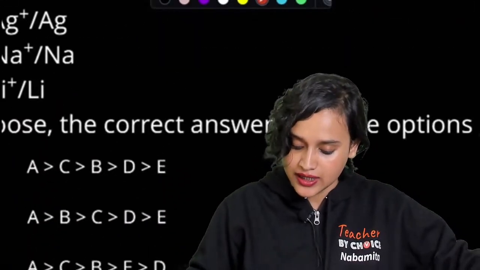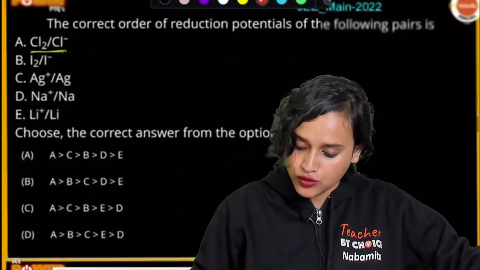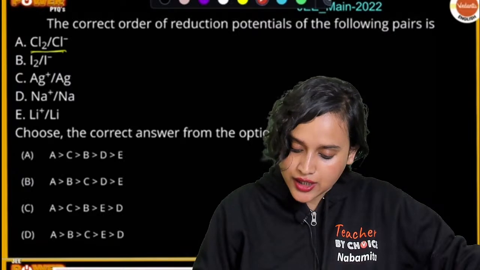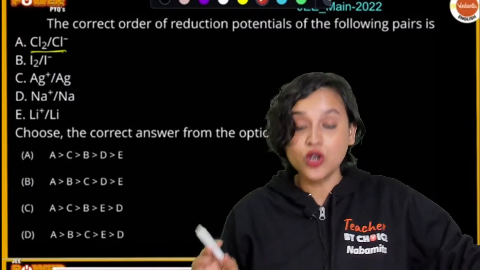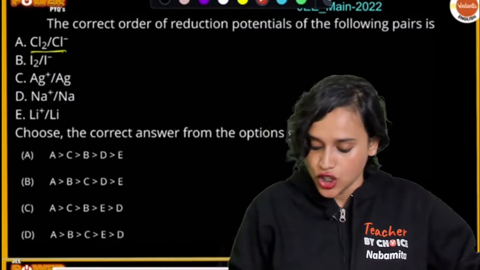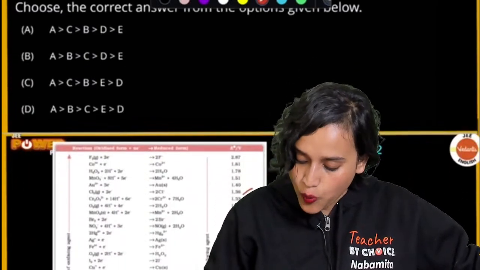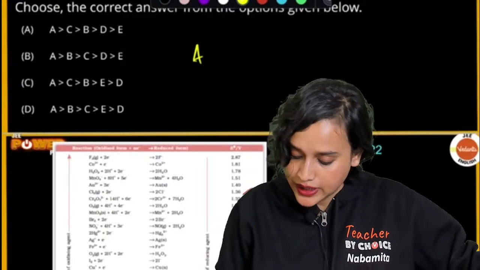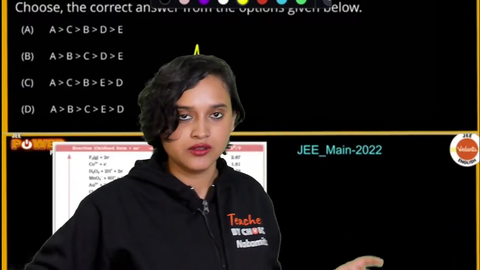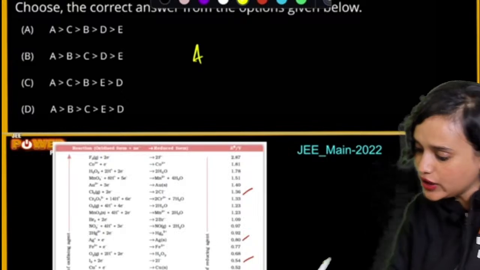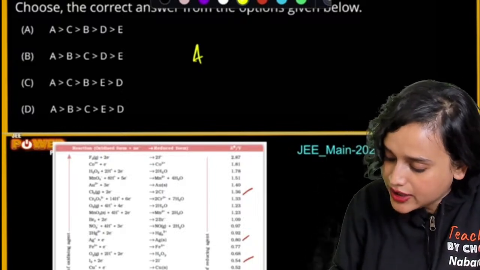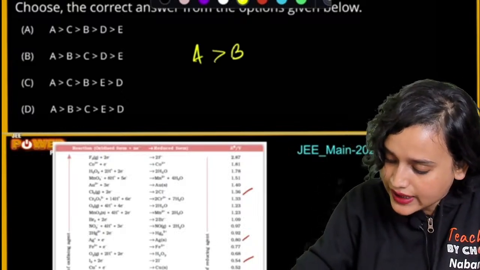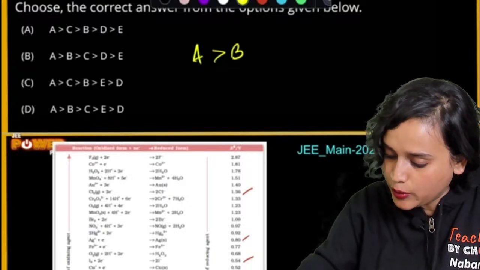Now you have to put it up in an order, right? That's what they have asked. Yes, they have asked you the correct order of reduction potential of the following pairs. So obviously 1.36 is the highest. That means A is first, right? Yes, 1.36 is the highest. Then you have 0.80. So A is greater than B. Then you have 0.54.